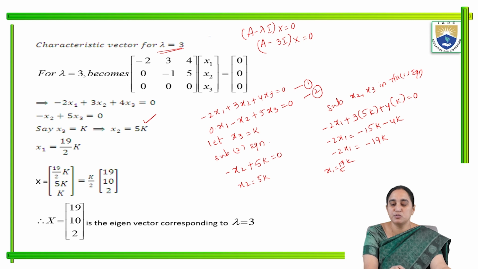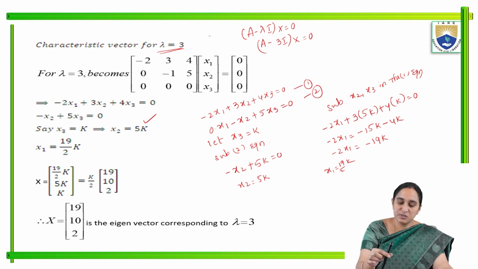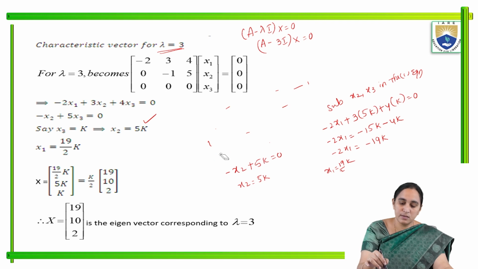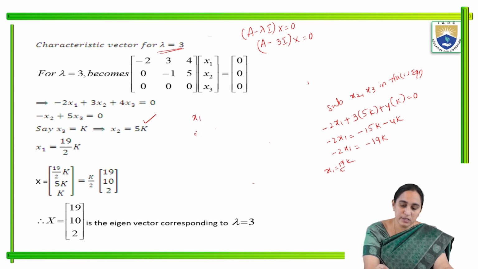Now we substitute these x1, x2, x3 values in the unknown column vector. Therefore x1, x2, x3 is equal to 19 by 2 k, 5k and k.